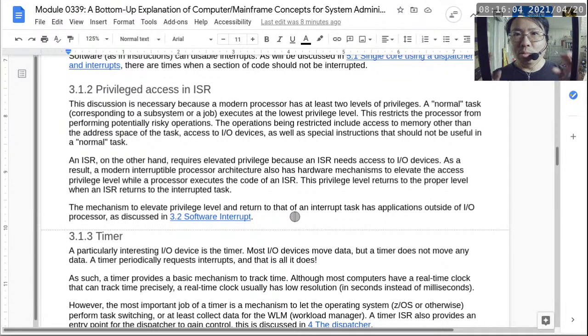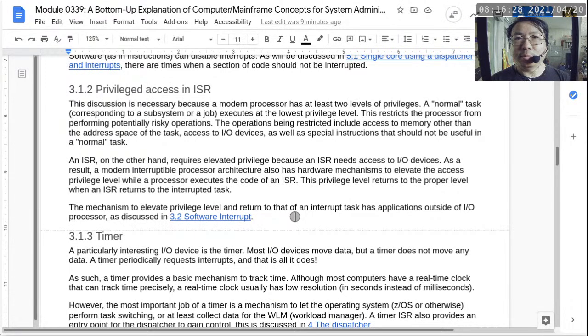Okay, so a normal program, a normal job, is running with a very low privilege level. It has limited access to memory space. It can only access its own memory space for one thing, and within that space, there are portions that it can only read. It cannot write. It cannot update or change.